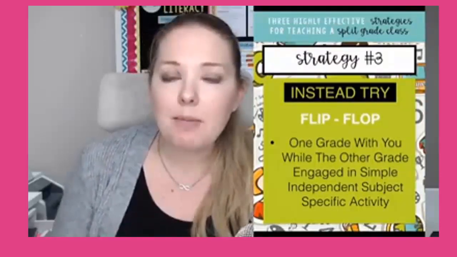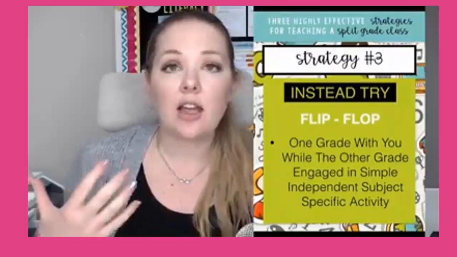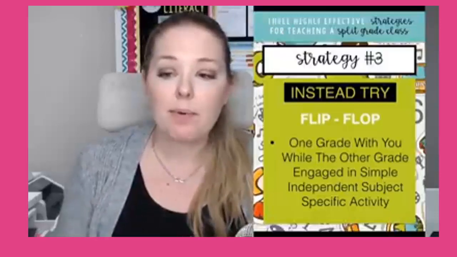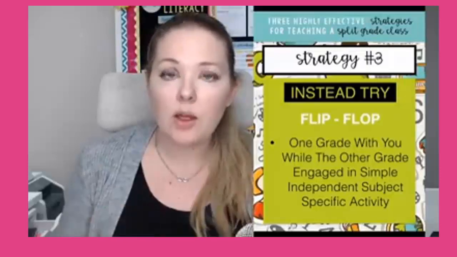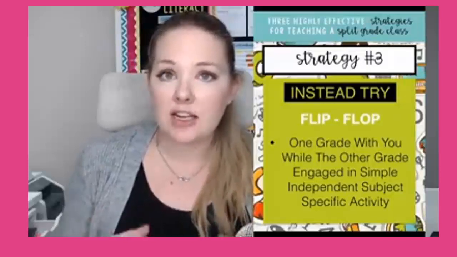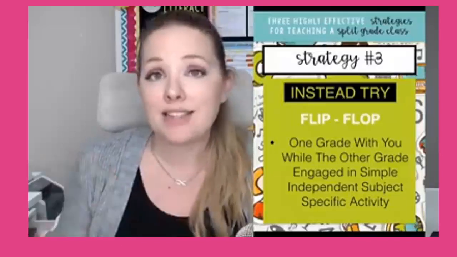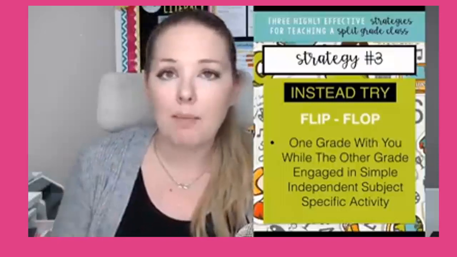Now this happens to be my absolute favorite strategy for teaching students science and social studies, using this flip-flop method. This means that one grade is with you, engaged in a teacher-directed activity, while the other grade is working independently but still on science, or social studies, or whatever topic you happen to be working on.